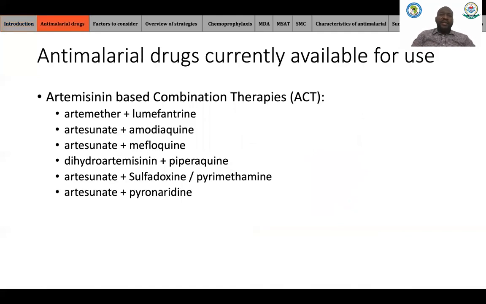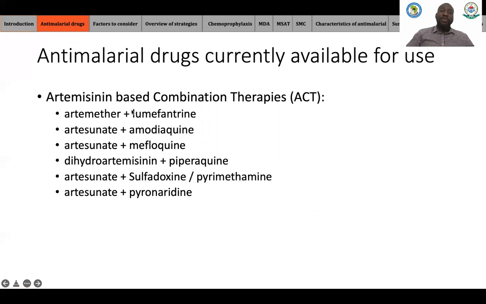So the main antimalarial drugs that are currently available for use include the combination therapies, and the artemisinin-based combination therapies are the ones that are mostly available right now and are WHO-approved drugs, including artemether-lumefantrine, where the artemether is the short-acting partner drug that deals with the biggest component of the parasite biomass.